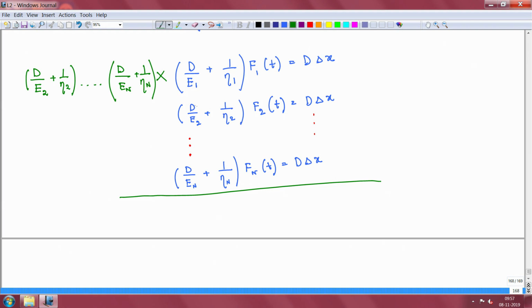In equation 2, you already have this E2. So, you start with the term d E1, and then you drop the second term. So, you multiply it with the third multiplier and like this, and you keep on going till you reach the nth multiplier, and you then multiply this entire equation with that.